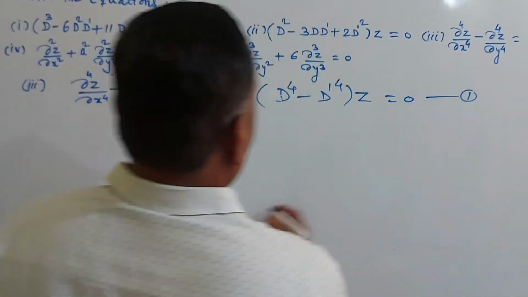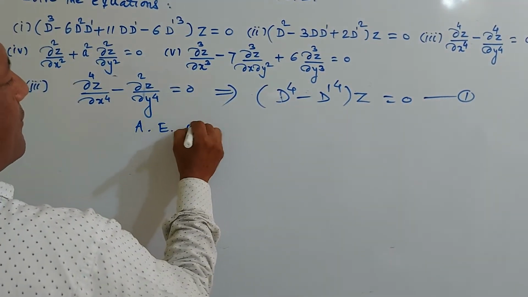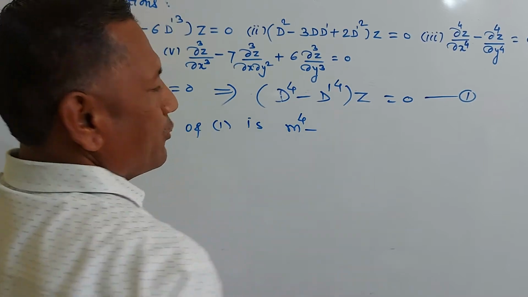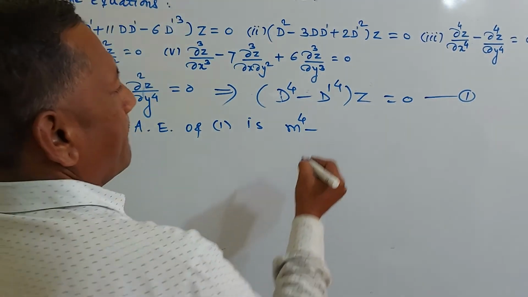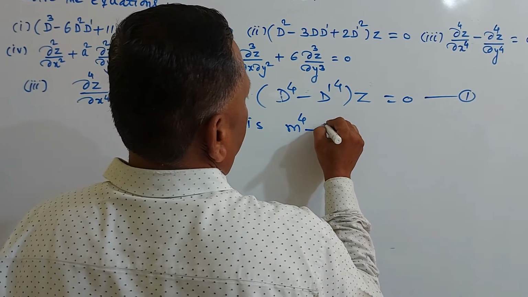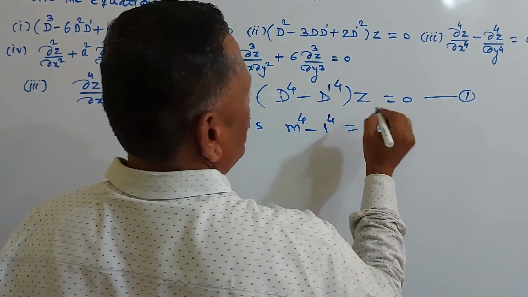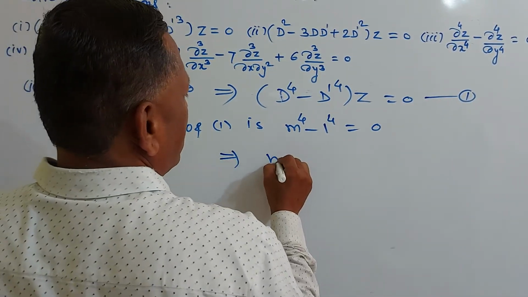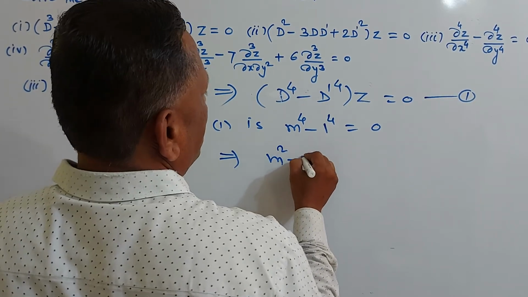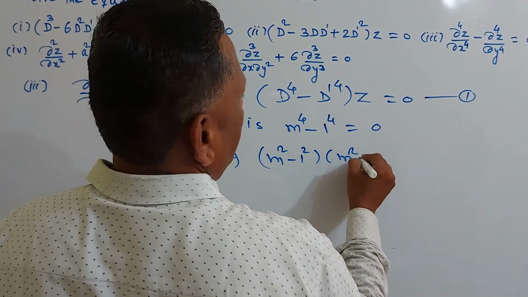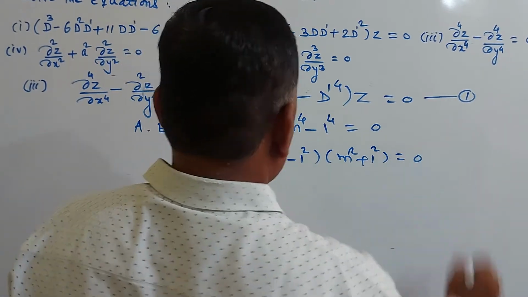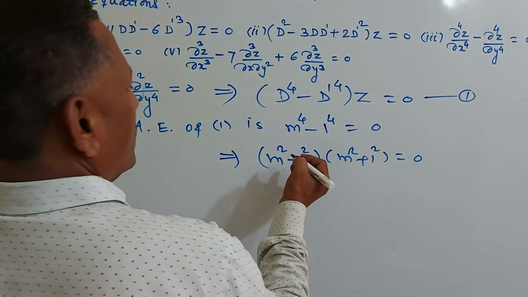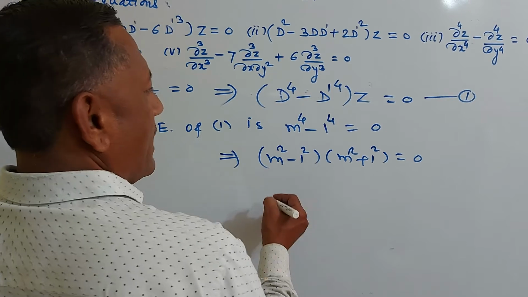So what is the auxiliary equation? The auxiliary equation of 1 is m⁴ minus, you put D is equal to m and D' is equal to 1, 1⁴ is equal to 0, or m⁴ minus 1 is equal to 0, or this can be written as (m² minus 1)(m² plus 1) is equal to 0. m² minus 1 is equal to 0, so m is equal to plus minus 1.